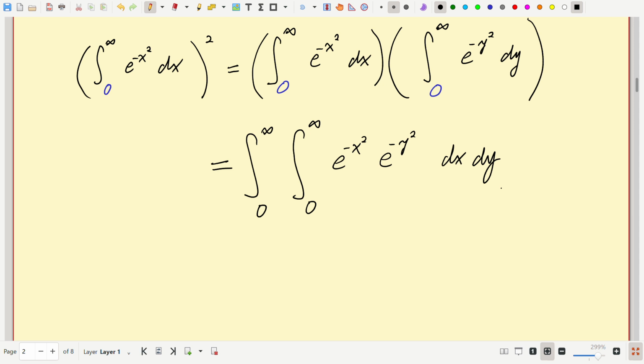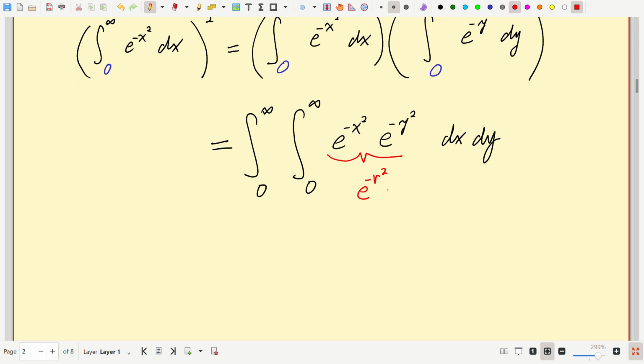But when you look at it like this, you realize this is e to the minus radius squared. And then you realize, aha, this is an integral over the first quadrant in the xy plane, and the element of area in polar coordinates is r dr d theta.